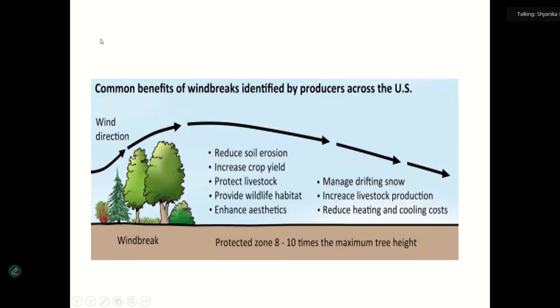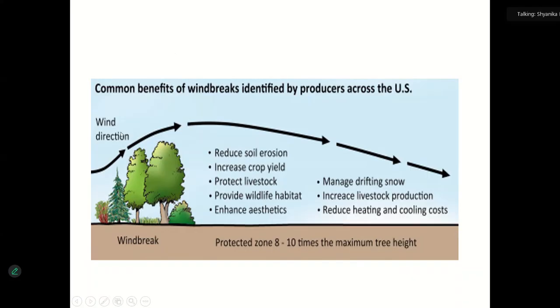So these are the common benefits of windbreaks, right? It reduces soil erosion, increases crop yield, protects livestock, provides wildlife habitats, and enhances aesthetic values. Those are some of the other benefits of windbreaks. So what happens?